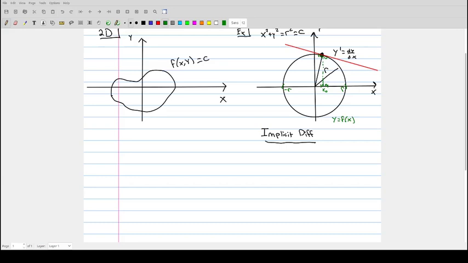Now, this holds in general for more complicated functions, or much more general level curves.